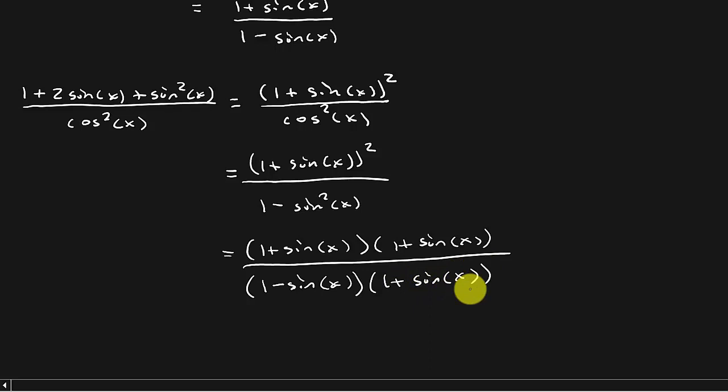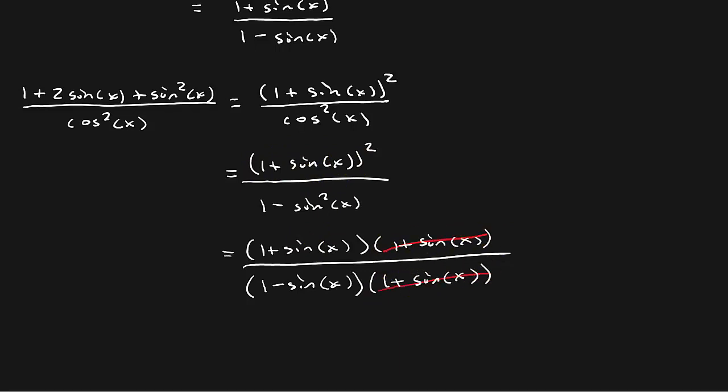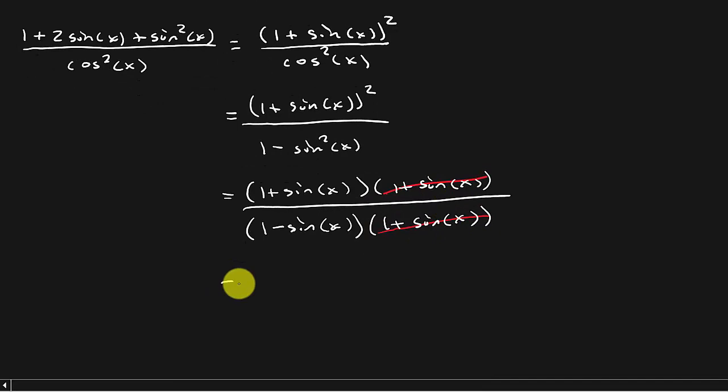So let's write this out as 1 plus sine x times 1 plus sine x. And what happens there? They cancel. And so I am left with 1 plus sine x over 1 minus sine x.